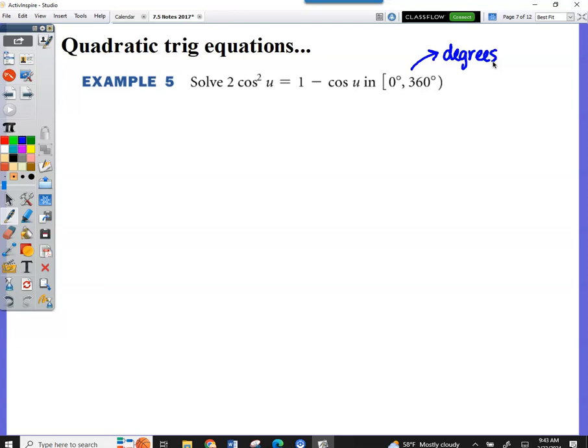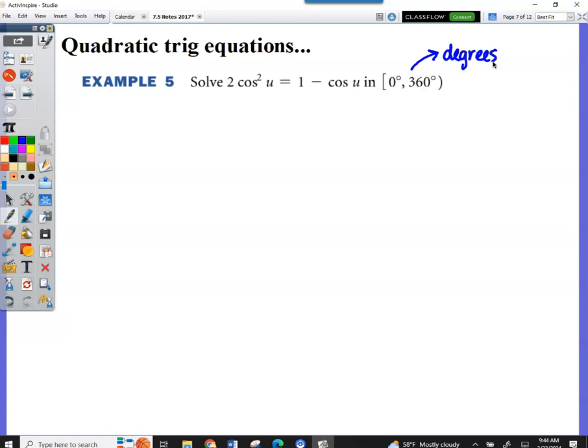To be able to read the problem easier, what could I do with cosine u? What could I change cosine u to so I can see the problem easier?